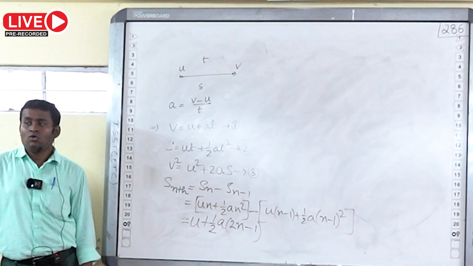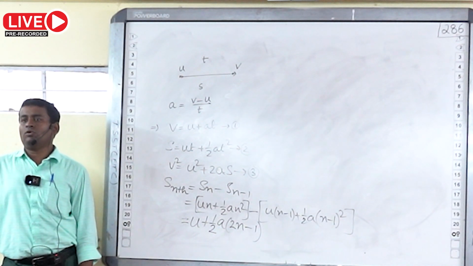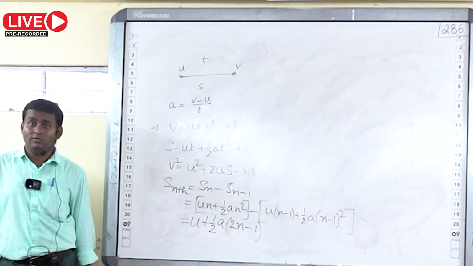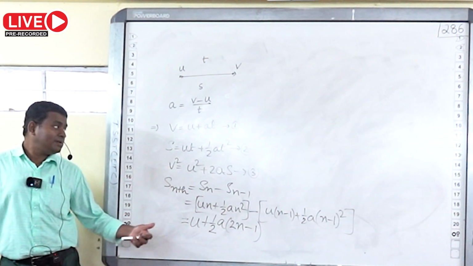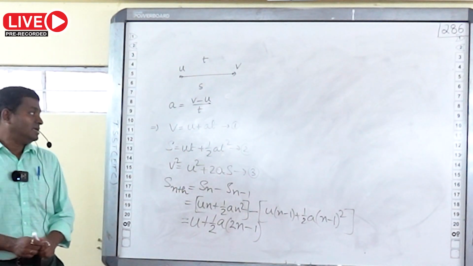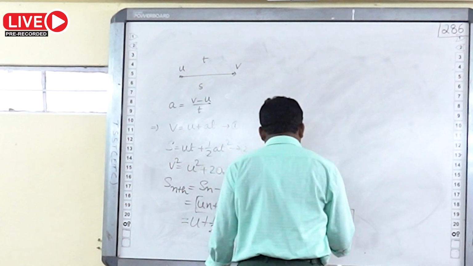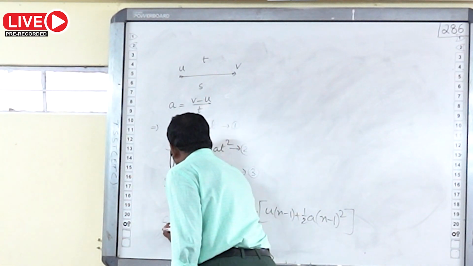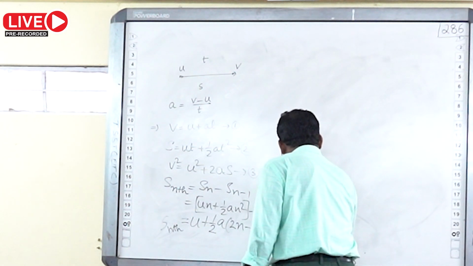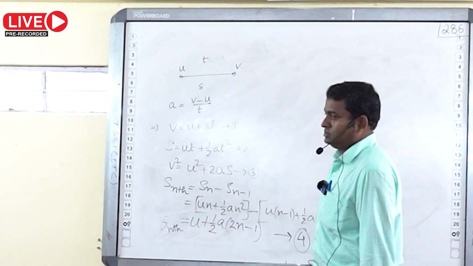And one more formula will be there which we will frequently use, which can actually be derived from the second one. This one is taken as the s nth formula. This is formula number 4. One more.